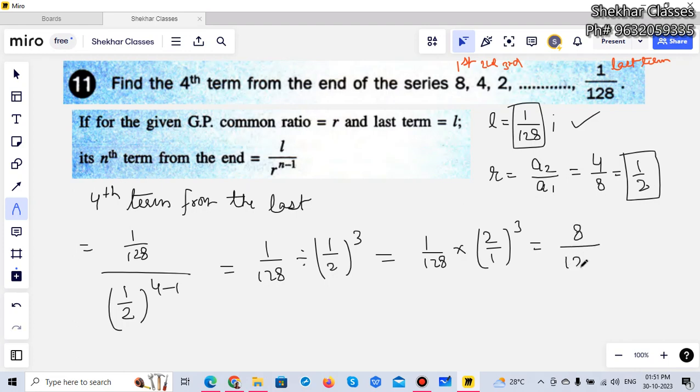If you solve it, how much is that? 8 1s are 8, and 8 16s are 128, right? So 1 upon 16. So we can say the fourth term from the last is 1 upon 16, and this is the answer that we have here. Simple.